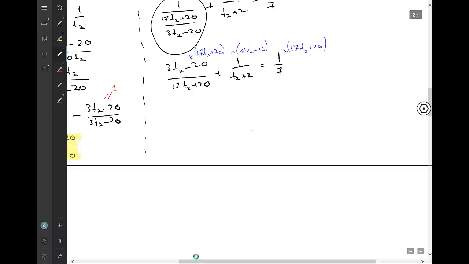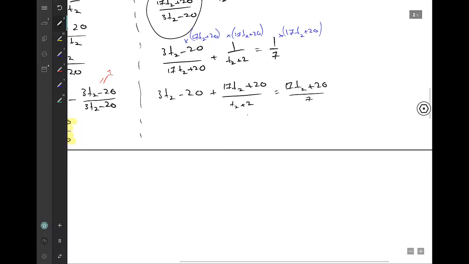Alright, so this left-hand term will eliminate the denominator, and so we end up with plus (17t2 + 20) on (t2 + 2) equals (17t2 + 20) on 7. Then we go ahead and multiply everything by that term. So actually I don't need to write it out here.